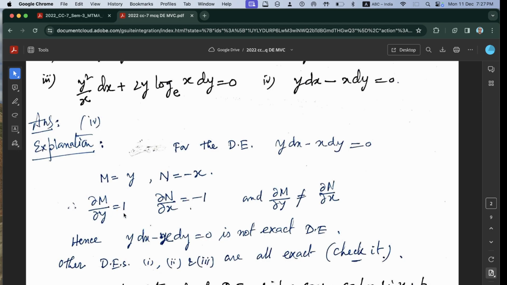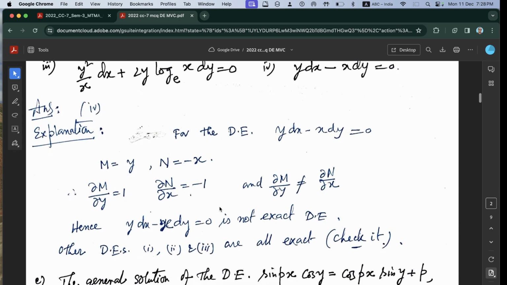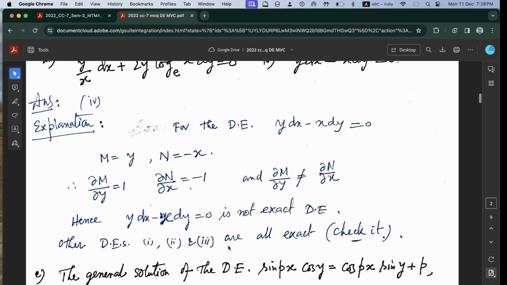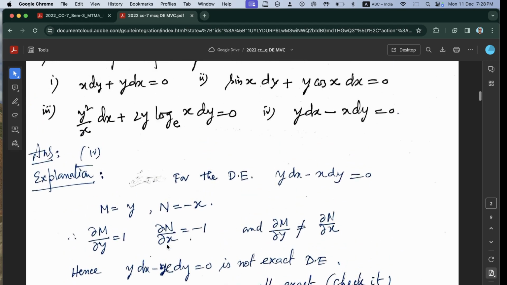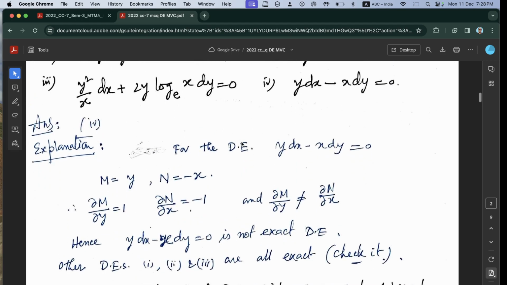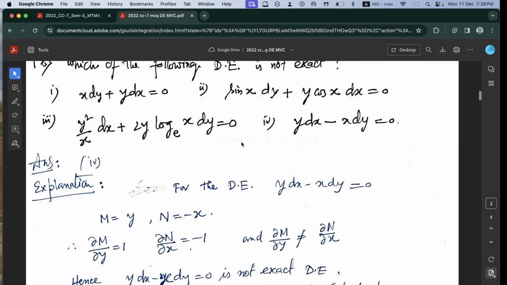Then ∂M/∂y equal to 1, ∂N/∂x equal to minus 1, and hence ∂M/∂y is not equal to ∂N/∂x. Hence y dx minus x dy equal to 0 is not an exact differential equation. Other differential equations 1, 2 and 3 are all exact differential equations. Hence correct option is 4.